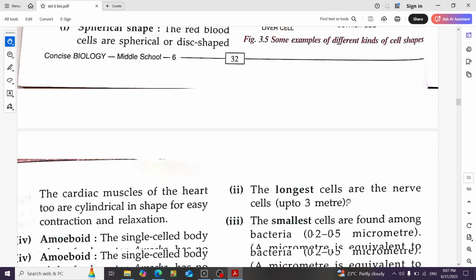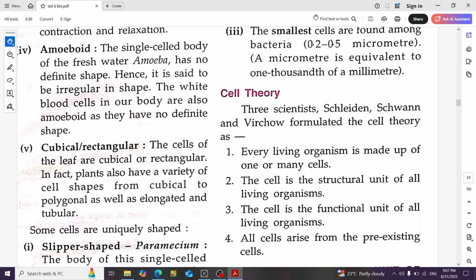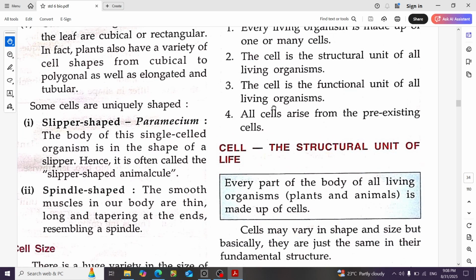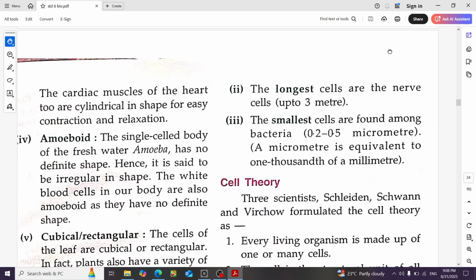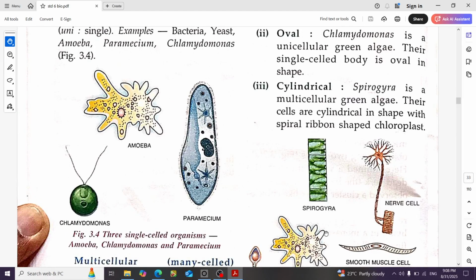Now, cardiac muscles of the heart are cylindrical. Amoeboid shape, that is a single cell like amoeba. Irregular shape is there. Cubical rectangle cells are there. Slipper shaped cell, that is a paramecium, a single celled organism. You can see it here, paramecium cell. It looks like a slipper.